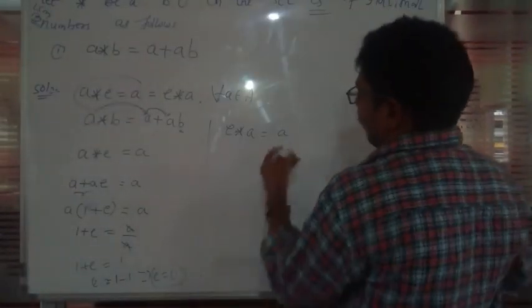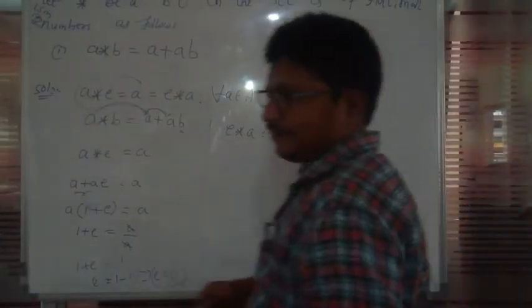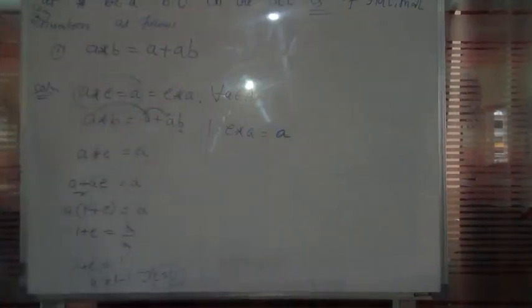What happened? A star A is equal to A. What I found from this one?